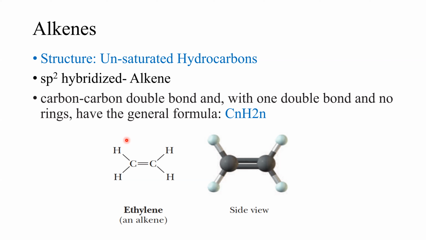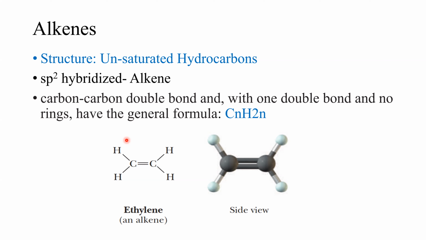But aromatics, or the arenes, are also grouped under the hydrocarbons, and they are again unsaturated hydrocarbons because they have multiple double bonds. So right now in this lecture, we are only focusing on the alkenes and alkynes.